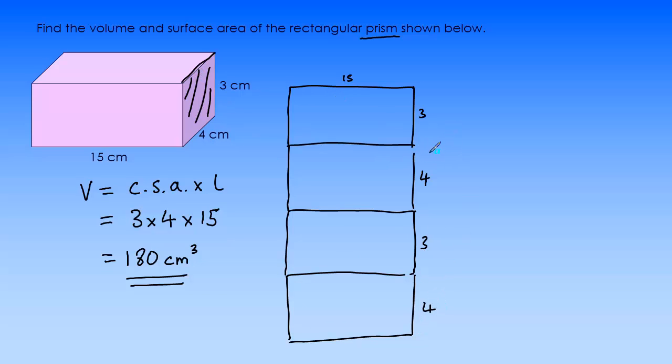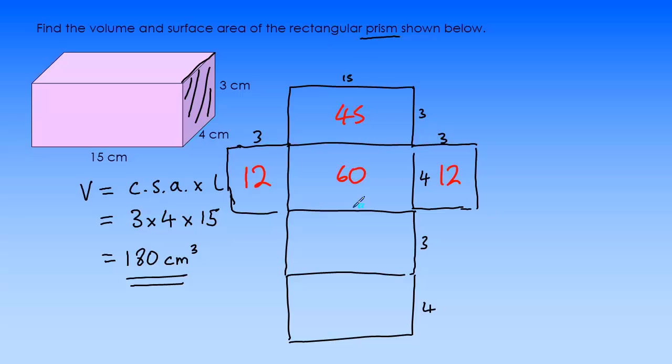And then we need the flaps on the side here, so if I choose to put the flap on this one, remember these rectangles are 3 by 4, so if that's 4, that's going to be 3, and we'll put this one over here as well. And then the surface area is just going to be the area of all these rectangles added together. So this one would be 12, this one's 12 as well, 3 15s, so that's 45, 4 15s, 60, so this would be 45, and this one would be 60 as well.